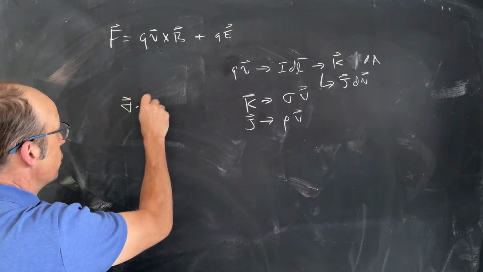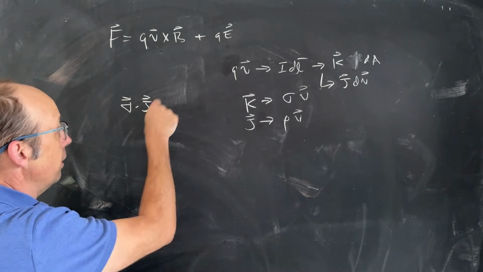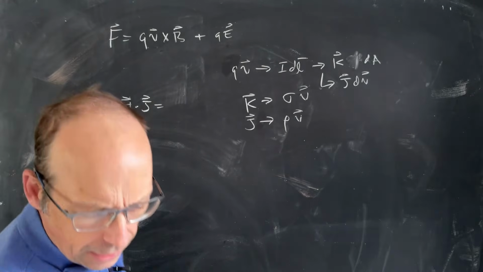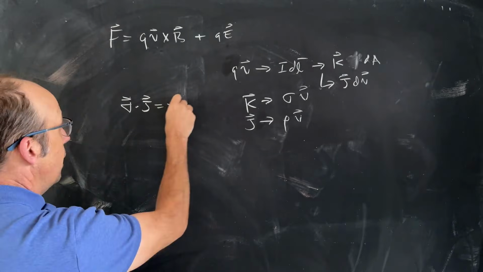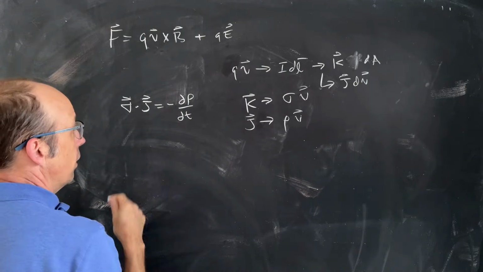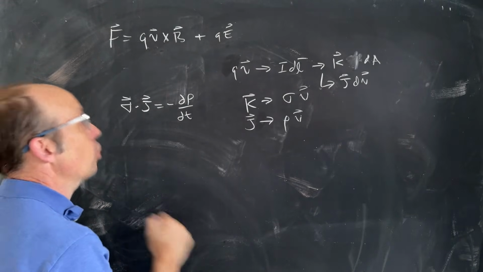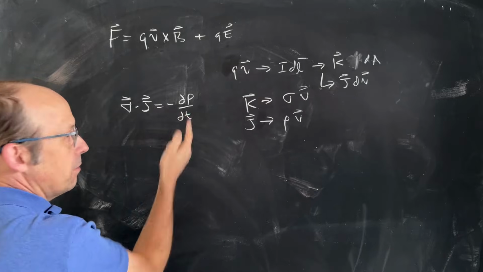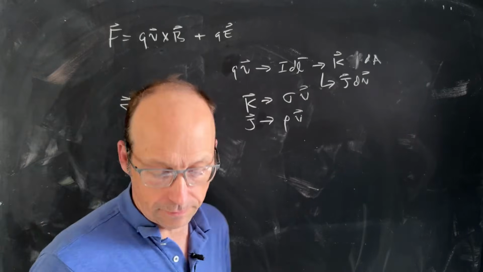The divergence of the current density is negative the rate of change of the charge density. Right? That's the same thing as the definition of current.